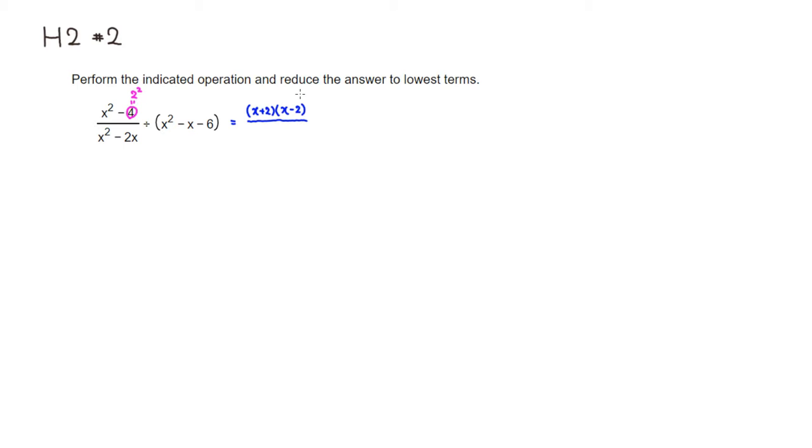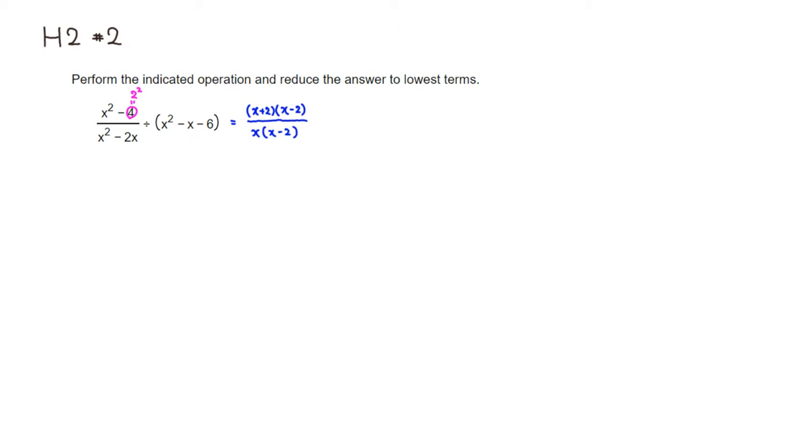In the denominator, since both terms have x in them, I'm just going to pull x out. So you have x here, and if you pull x out of negative 2x, you have negative 2 left over. Then we have x squared minus x minus 6.